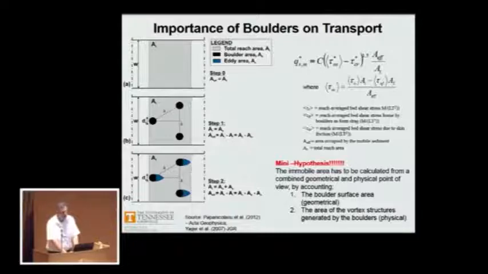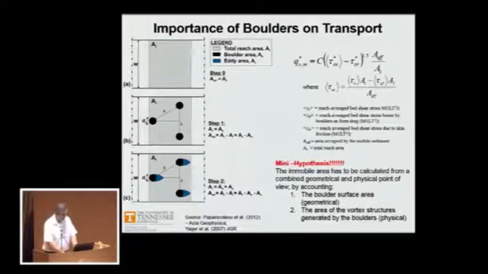And then the other thing that she tried to do very well is actually do the partitioning of the stress. Boulders tend to bear a lot of the stress, and therefore the available stress for grain movement, individual grain movement, is reduced. So the question was where the eddies come into the picture here.